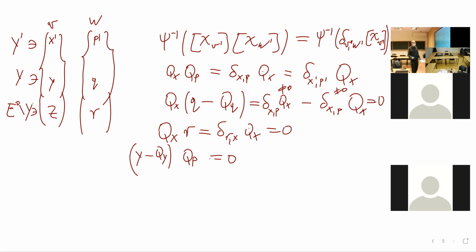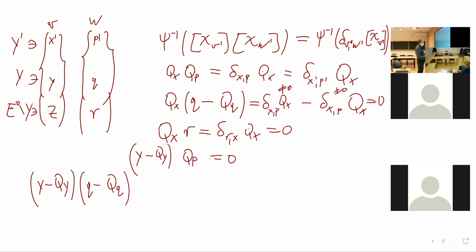Okay, yq. So here we'll have a multiplication of the following sort. We will have y minus qy times q minus qq.